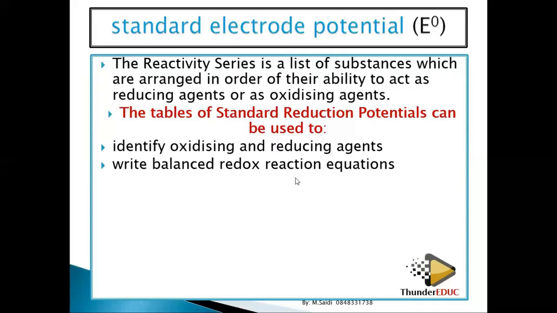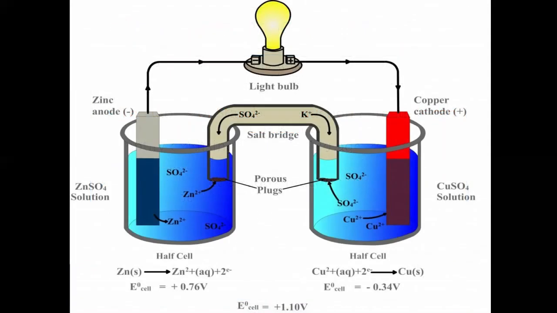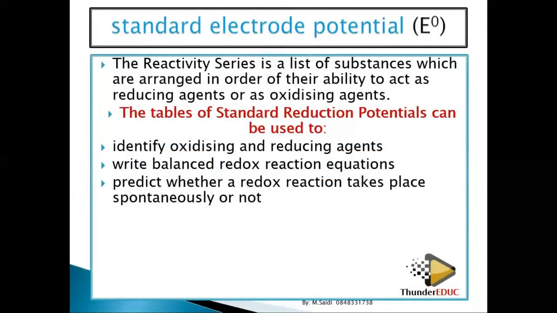Number three, predict whether this redox reaction is spontaneous or not spontaneous. It can continue without an external battery, without an external power source, or it can't continue without an external power source. That's the meaning of spontaneous.